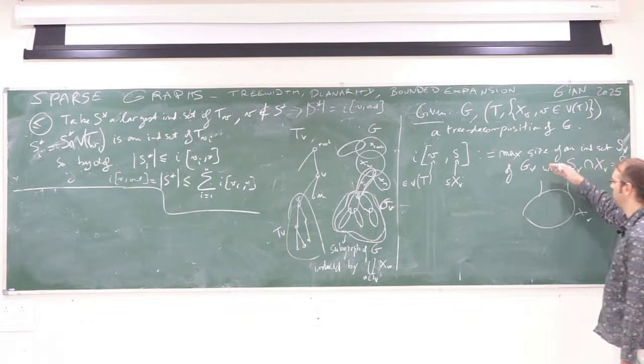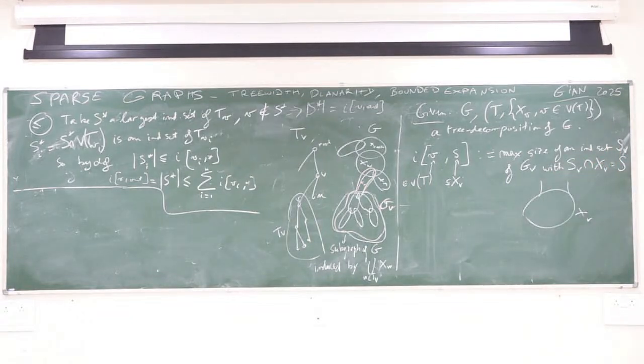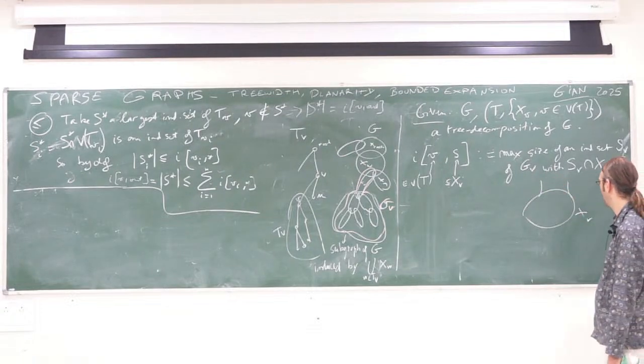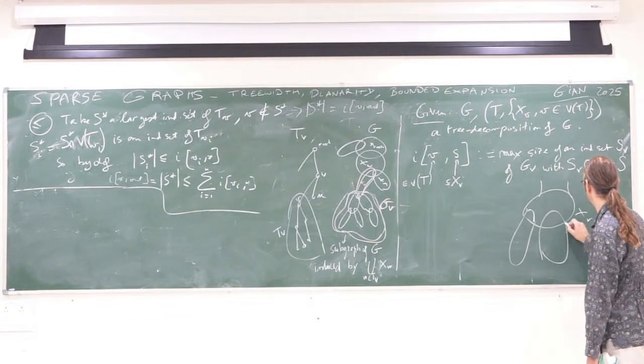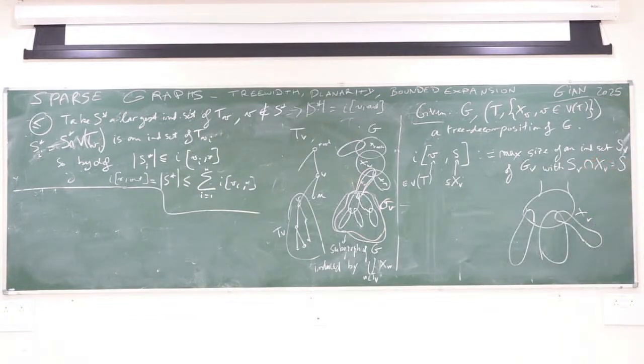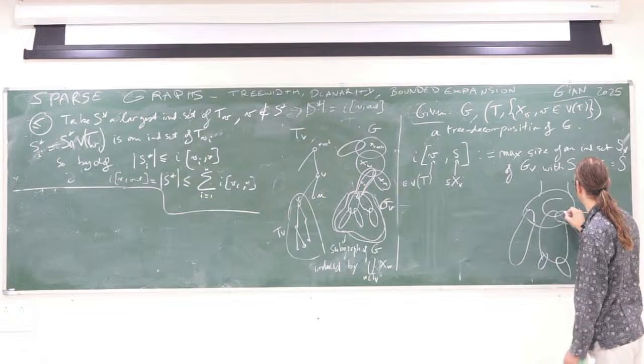The graph continues upstairs, but I don't care about that. I'm just considering the subgraph G_V.